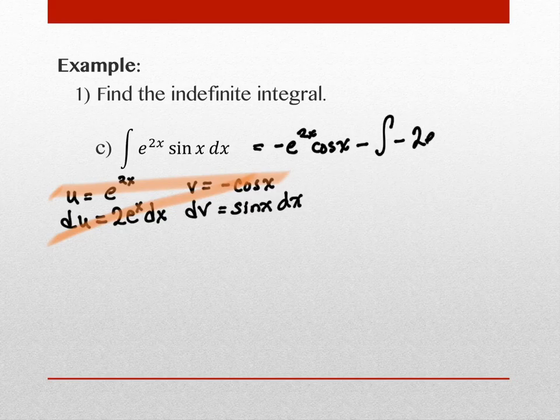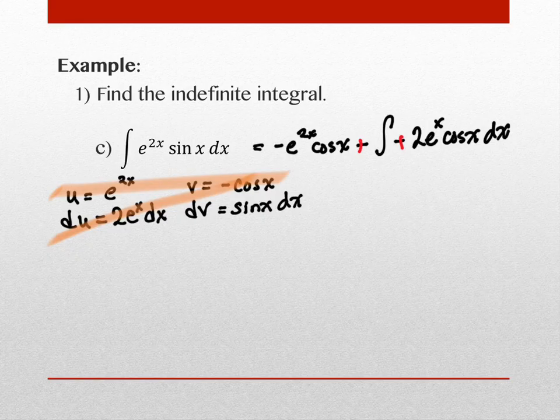Negative, and then I have 2e to the 2x cosine of x dx. This negative is happening because it's part of the formula, and the other one because it's part of the v. But they do cancel. So there's not going to be a negative over there. But if you notice, it didn't get any easier.